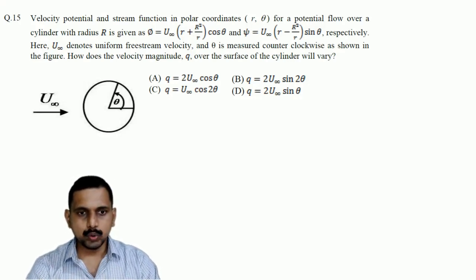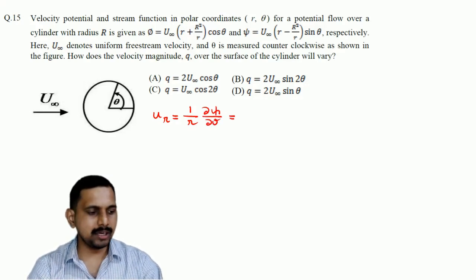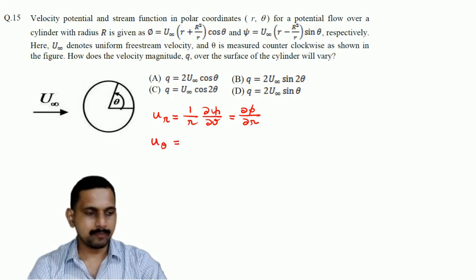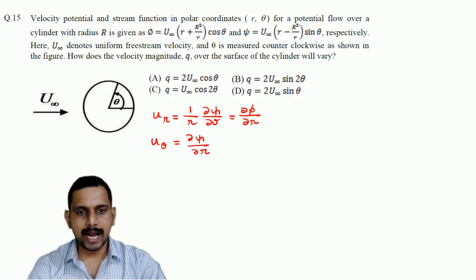See, u r can be given as equal to 1 by r dou psi by dou theta, or this can be equal to dou phi by dou r. In a similar way, u theta can be given as minus dou psi by dou r, or it can be given as 1 by r dou phi by dou theta.